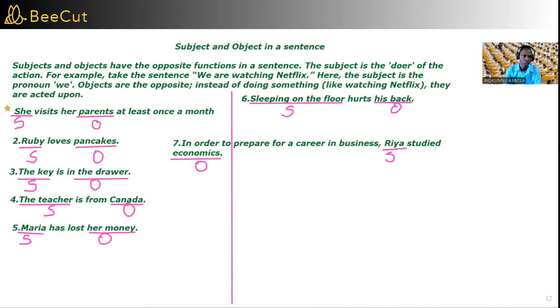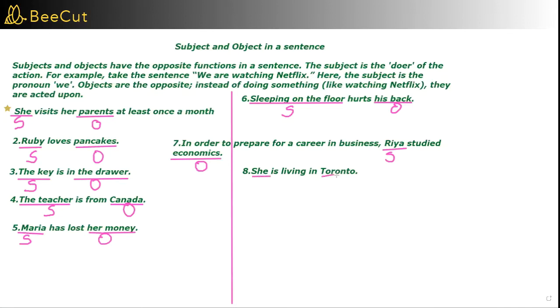She is living in Toronto. Yeah. She is living in Toronto. That is the next one, number 8. So here, she is the subject, while Toronto is the object.